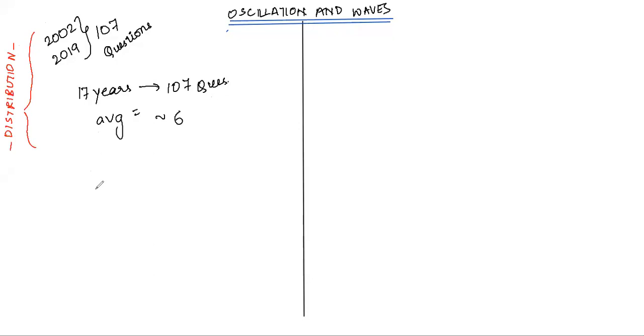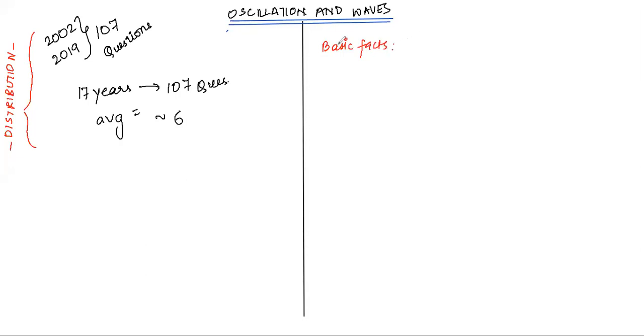Now, telling you about what the chapter contains. According to NCERT, this chapter starts with the concept: what is a wave, what are different kinds of waves. So the chapter begins with some basic facts like wave motion.